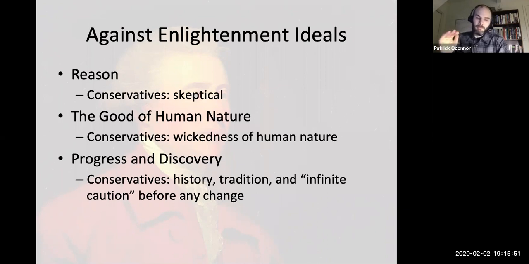Okay. Enlightenment thinkers, as we talked about, they prioritized humankind's inherent rationality. But conservative thinkers argued that there's no reason to have faith in human reason. Right? The great mass of humanity had certainly built an impressive amount of knowledge that they could draw from, but individuals themselves were not particularly rational.